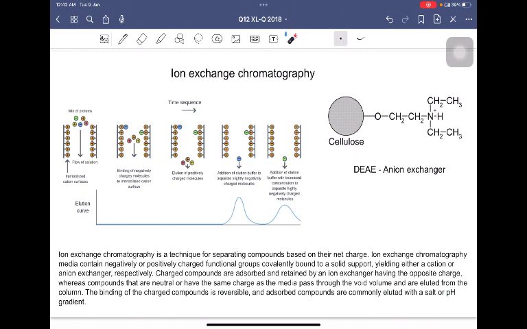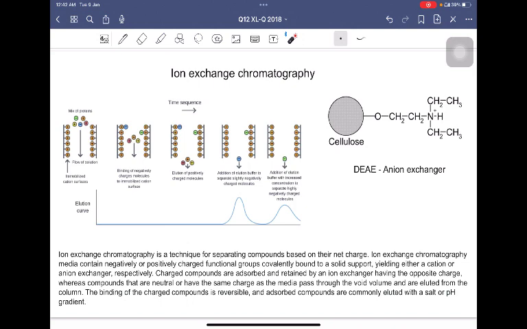So addition of elution buffer with increased concentration of salt separates the highly negatively charged molecules. When we increase the salt concentration in the elution buffer, the electrostatic interaction between the matrix and the bound proteins will be disrupted, and the protein will be eluted out from the column, right?